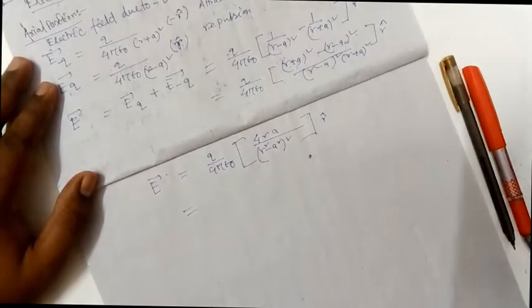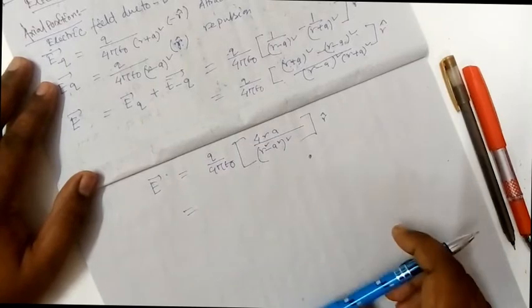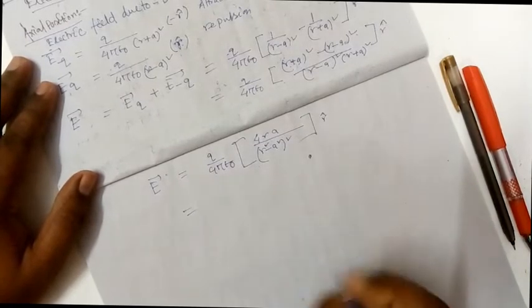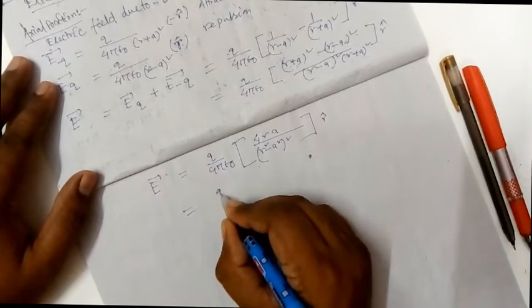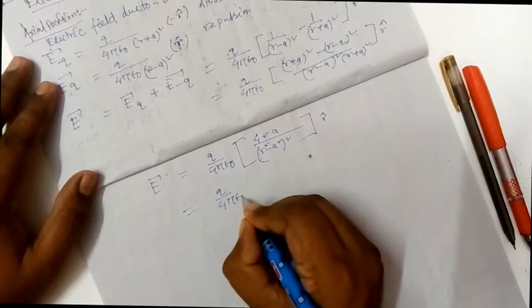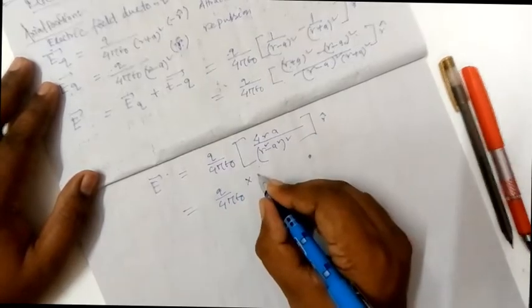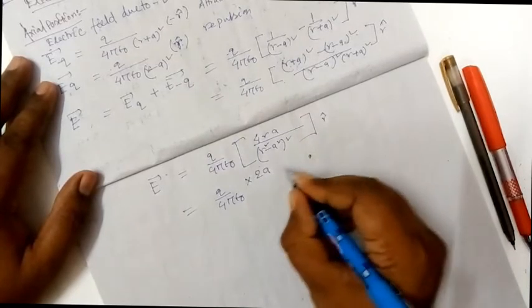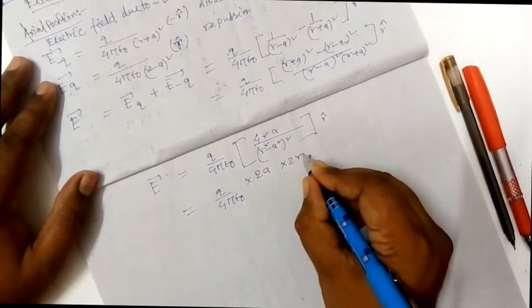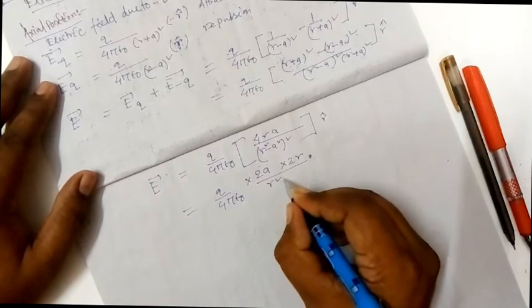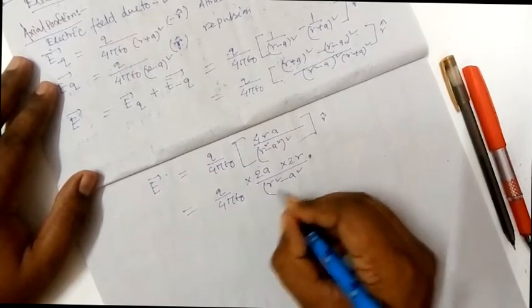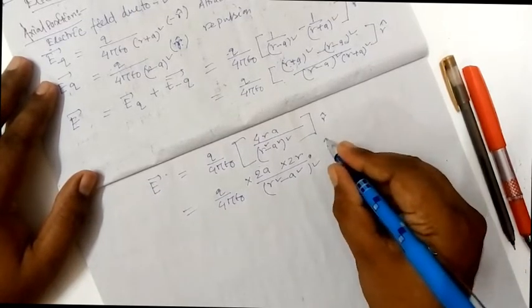So here it is Q by 4 pi epsilon naught, 2 into A into 2 into R by (R square minus A square) whole square, R cap.